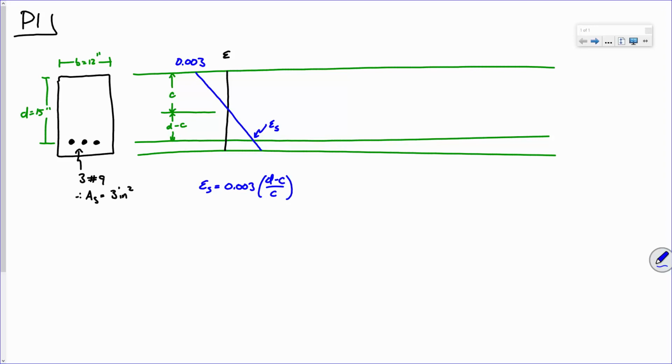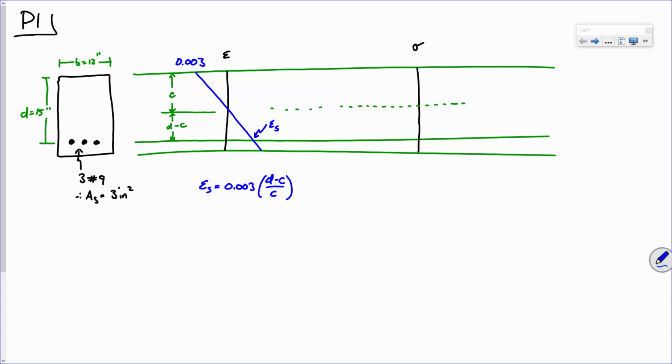Let's talk a little bit about our stress profile. All right, so here's our stress profile. So the first thing I'm going to do is I'm going to say, all right, that's the neutral axis, right? Now let's start off with the steel, okay?